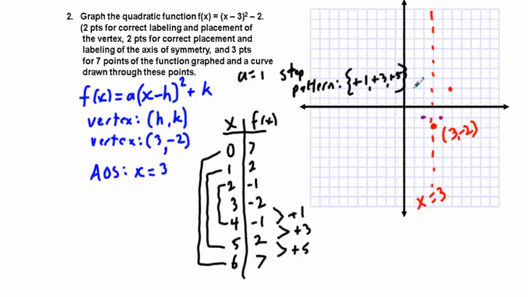The other side we have 1, 2, and then we have 6, 7. And our y-intercept is 7. So this is what our graph is going to look like with all the 7 points.